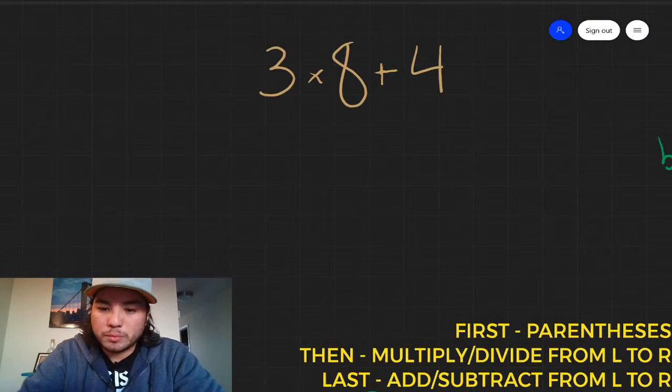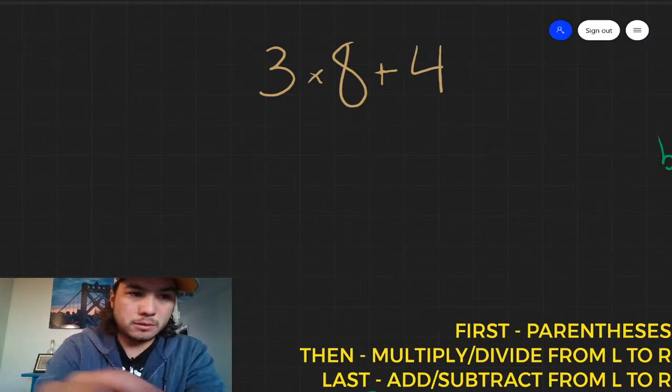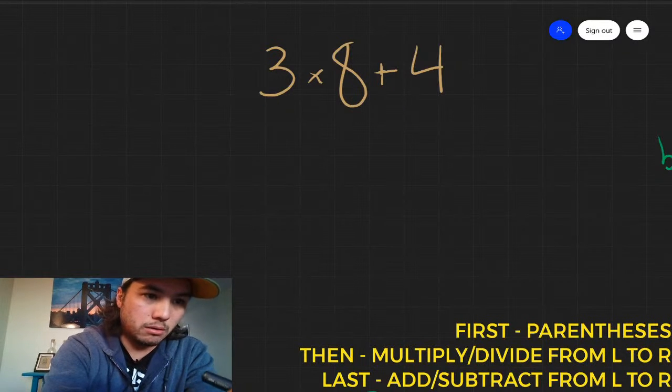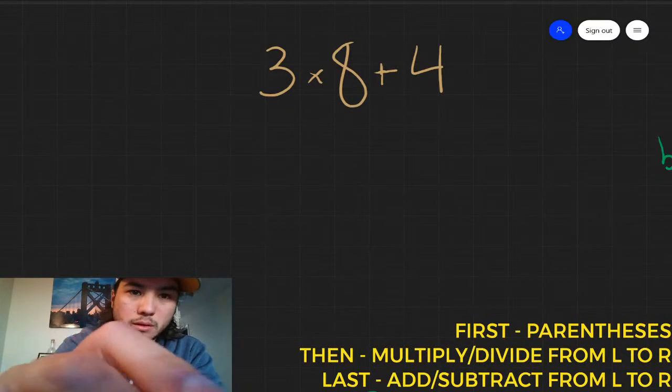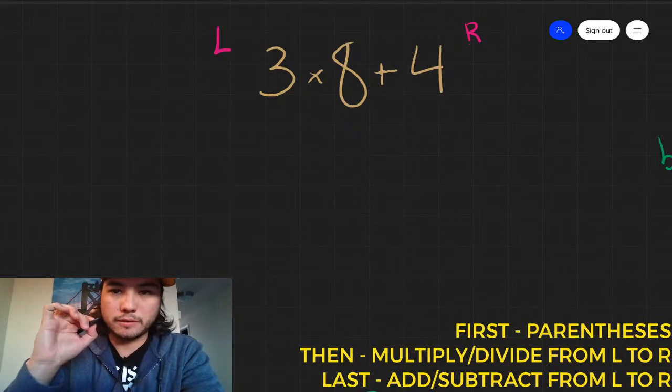Then, multiply or divide from left to right. Okay, what I mean by that is we're going to go from the left over here. Here's the left. Oop, let me turn my pen on. That will probably help. Oh, no way. There we go. Thank goodness. From left to right. I thought my pen was out of battery. I was about to lose it. Here's our left. There's our right.